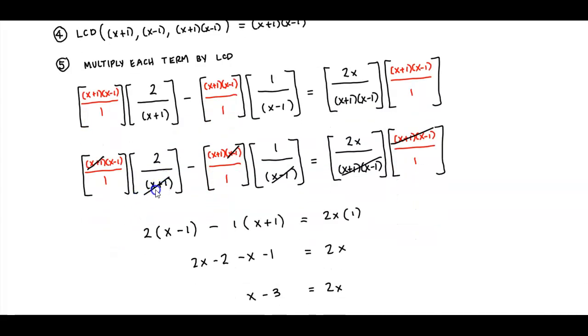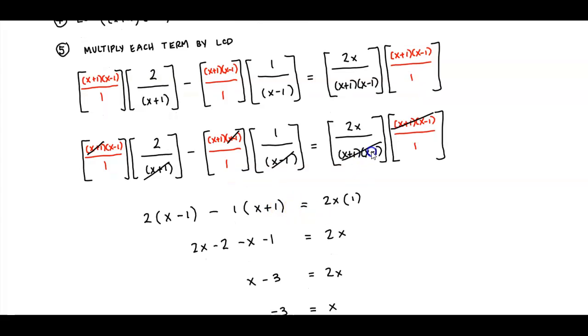So the next step, x plus 1 and x plus 1 can be factored out. So what's left is 2 times x minus 1, minus x minus 1 and x minus 1 can be factored out. So therefore 1 goes into x plus 1 times x plus 1 equals, well, x plus 1 times x minus 1 can be simplified with x plus 1 times x minus 1, which means we have 2x times 1.